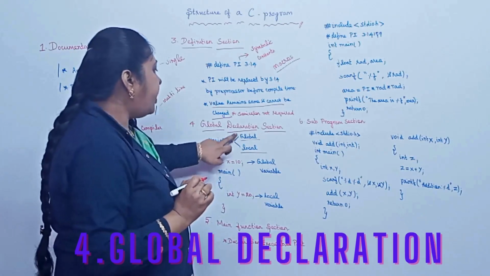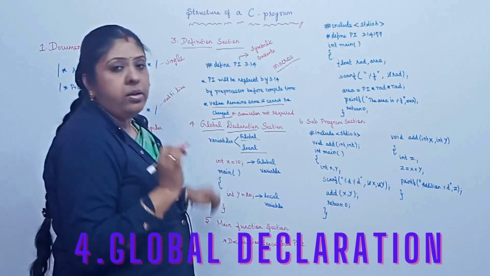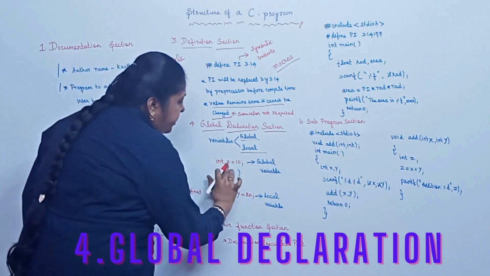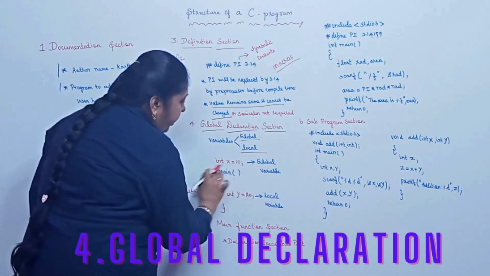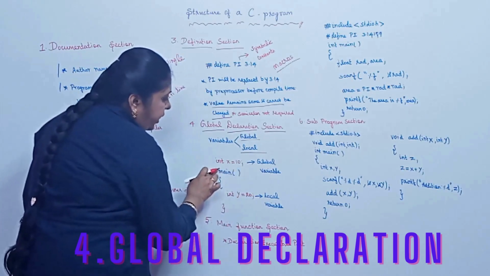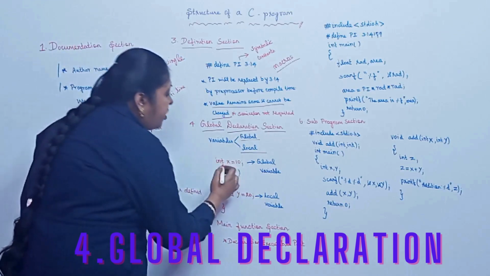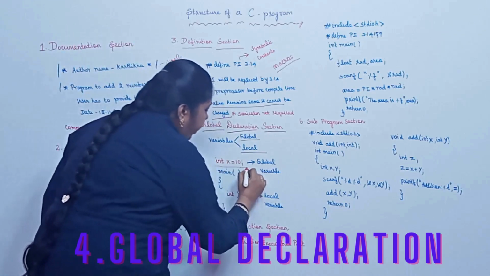Variables can be defined as two types, global and local. Consider here integer x equal 10, which is defined before the main program begins, so the value is given before main. This is called the global variable.